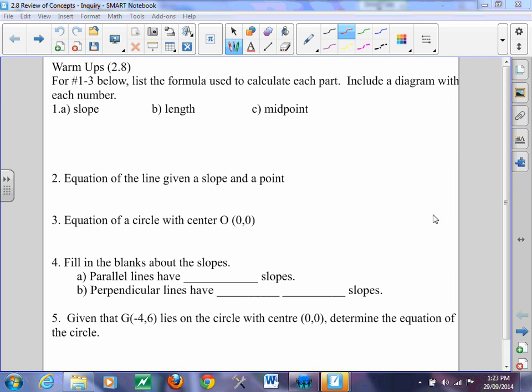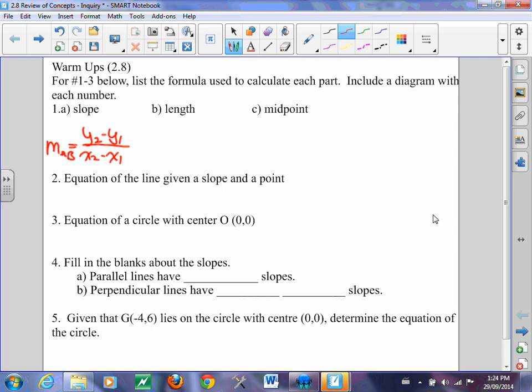For numbers 1 to 3 below, list the formula used to calculate each part. Include a diagram with each number. So first of all, just making sure you know your formulas. Slope, which is lowercase m, is y2 subtract y1 over x2 subtract x1.